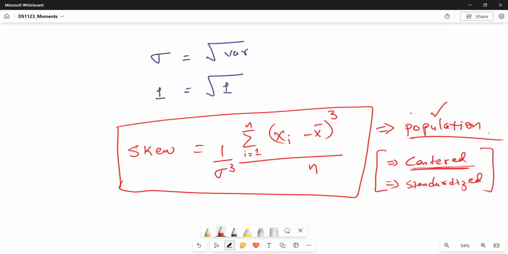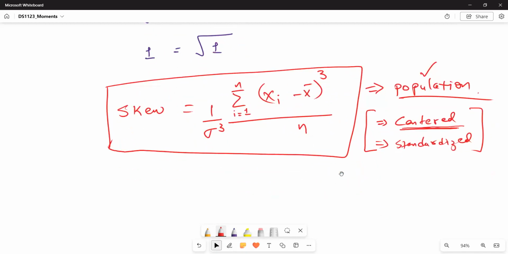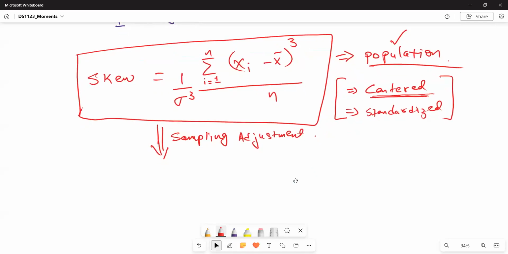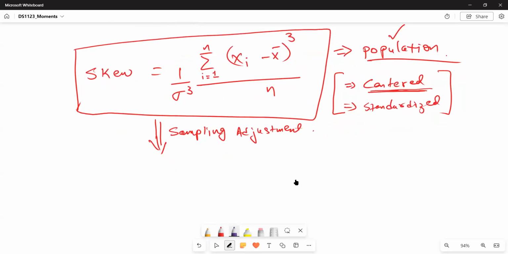Only one thing is required on top of this, which is that I have to add the sampling adjustments. And once these sampling adjustments are added, this formula will be modified and ready to use for the sample data. So how can that be done? It can easily be done.